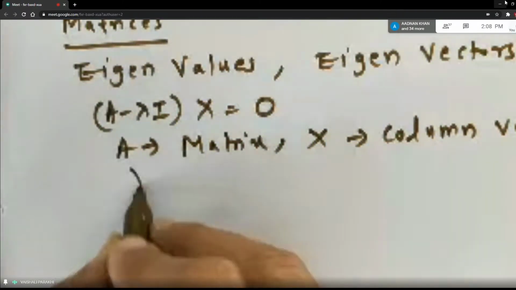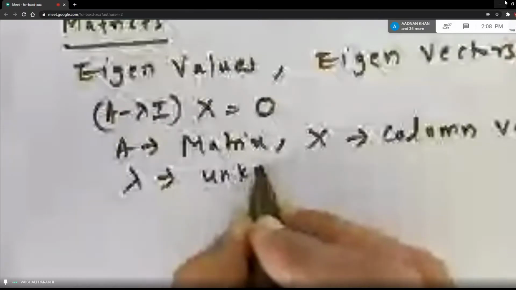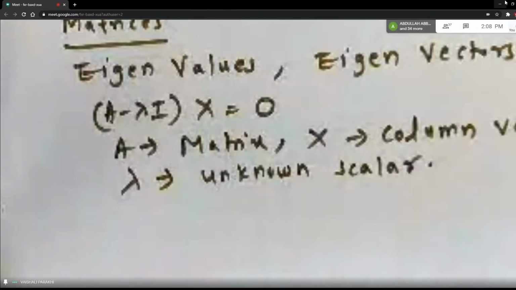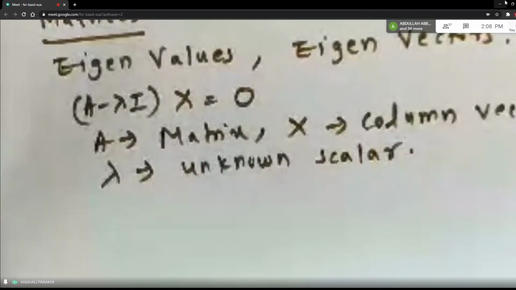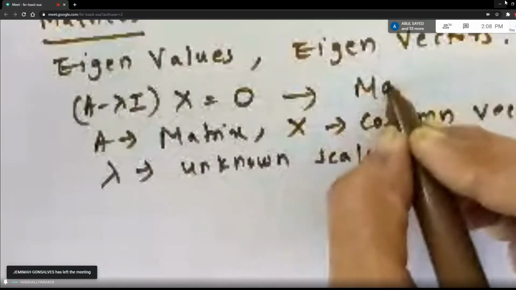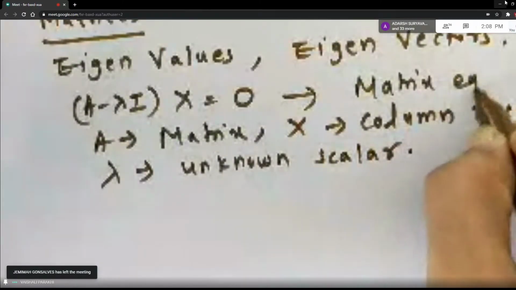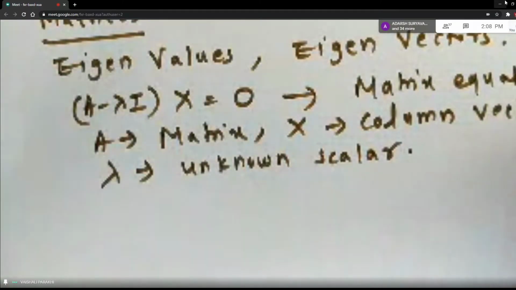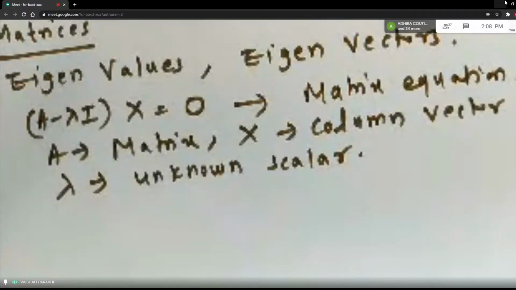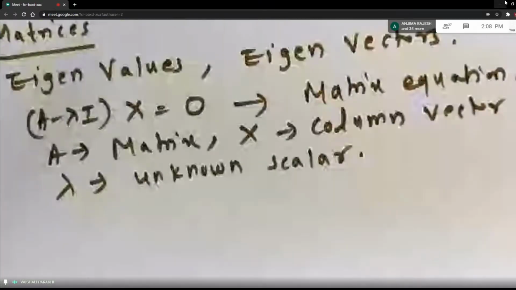And lambda is some unknown scalar. So this equation is called a matrix equation. Why matrix equation? Because this equation contains matrices. A is a matrix, I is the identity matrix, x is also a matrix, O is a null matrix. That's why it is called a matrix equation.